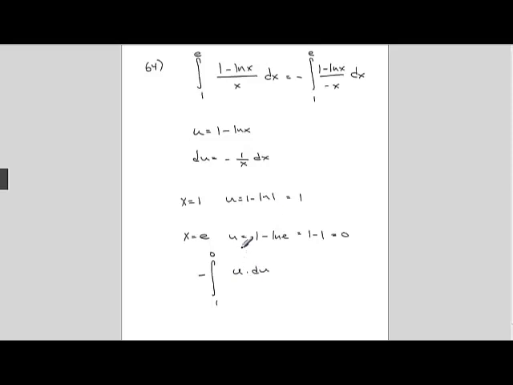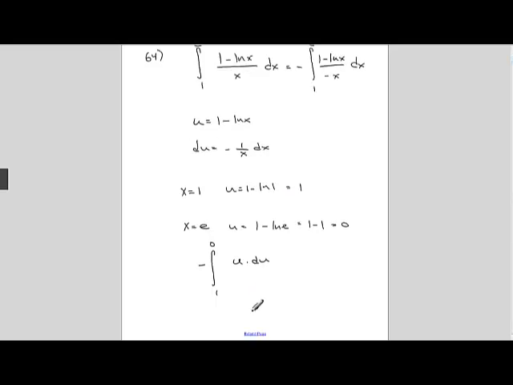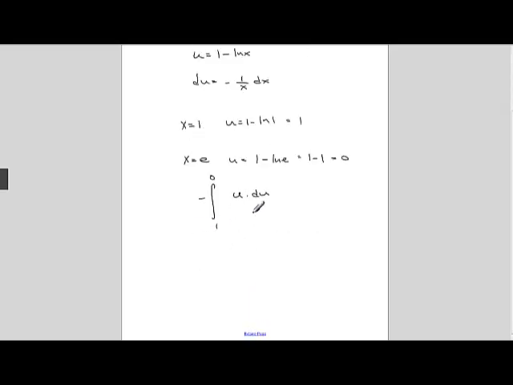U being 1 minus the natural log of x, du being negative 1 over x dx. And one thing we can do is, I mean, six of one, half a dozen of the other, but we can change the limits of integration. So if we make that positive, we can switch the limits of integration. So we integrate from 0 to 1 of u du.